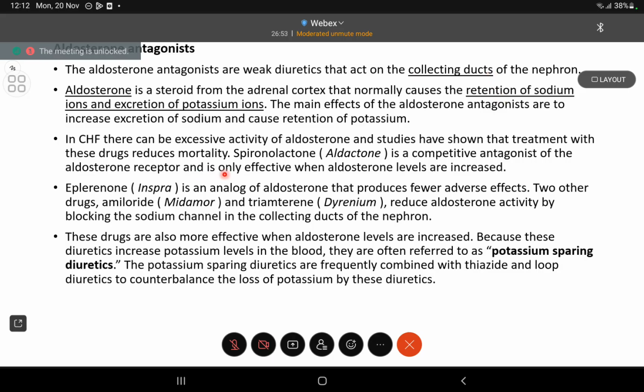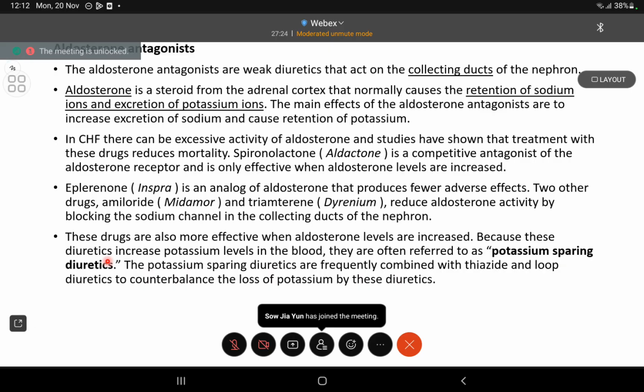So examples of aldosterone antagonist are spironolactone, and there are also other families such as eplerenone, amiloride, triamterene. Okay, so this group of drugs can sometimes be considered potassium-sparing diuretics because this drug might cause hyperkalemia.